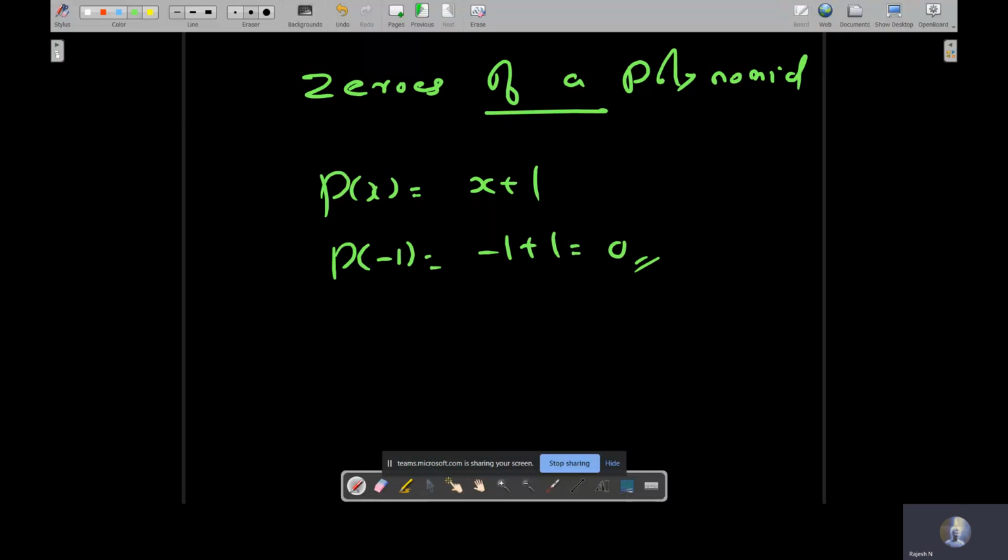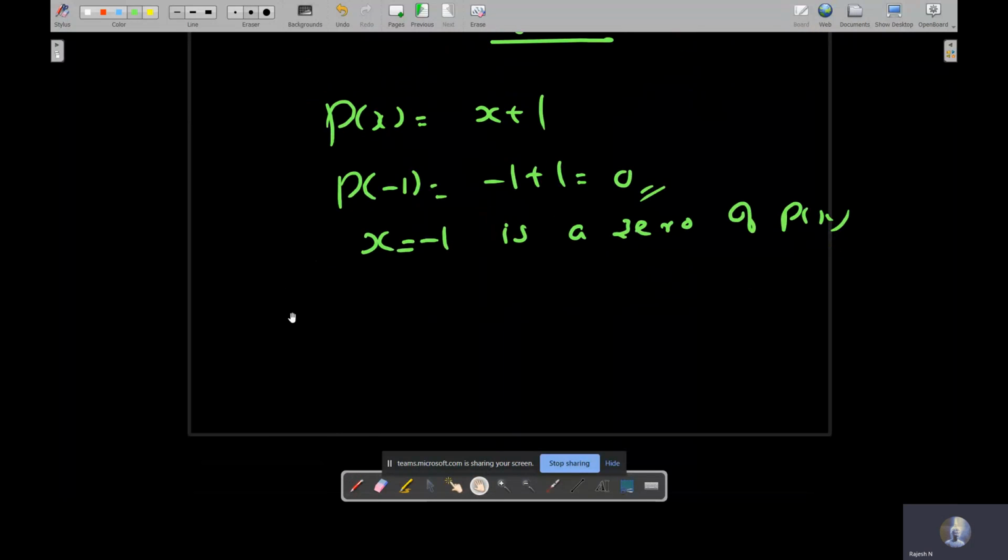P of minus 1 is minus 1 plus 1, 0. Here we can say x is equal to minus 1 is a zero of p of x. Therefore, we can say x is equal to minus 1 is a zero of p of x.